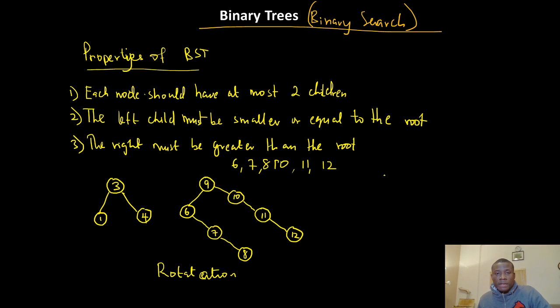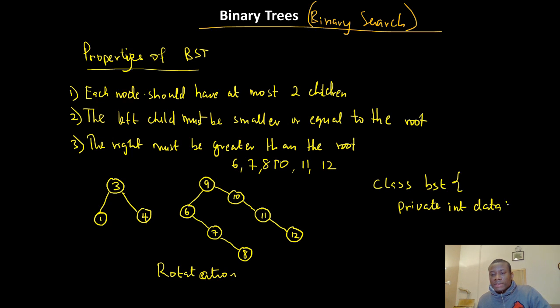Now, how do you represent a binary search tree in Java or in any programming language? To do that, you create a class. Let's call this class BST. It needs to have the data it contains. So let's say private int data.